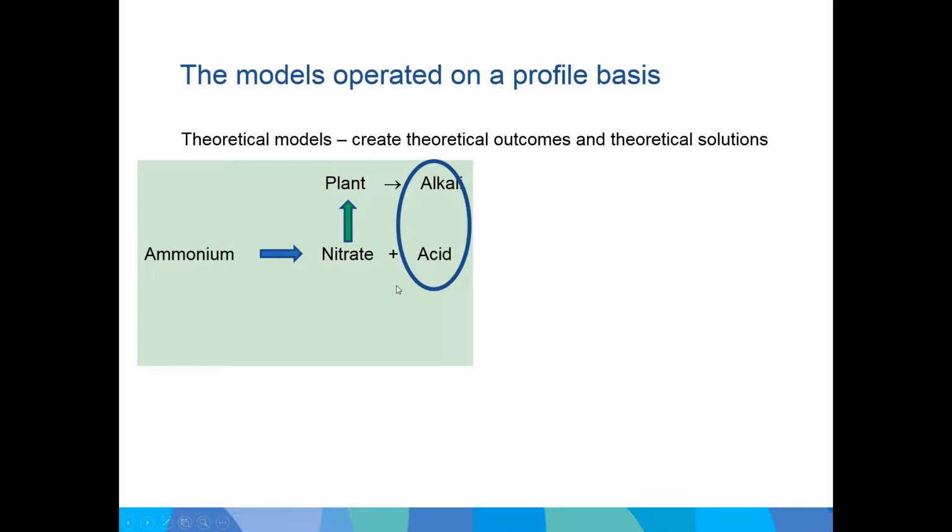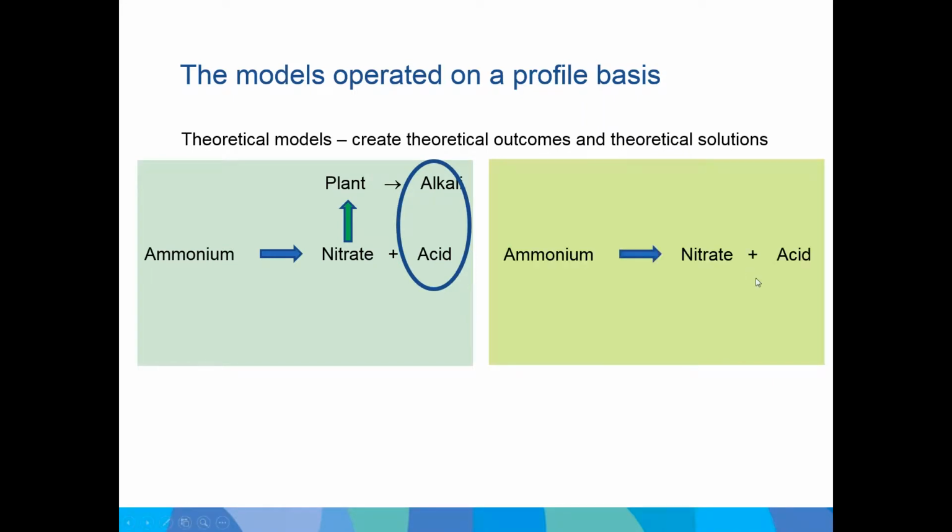That's theoretically how things can work. Then taking the next step, if that nitrate is removed by leaching, the plant uptake part, this alkali part, doesn't occur, and you're just left with acid.